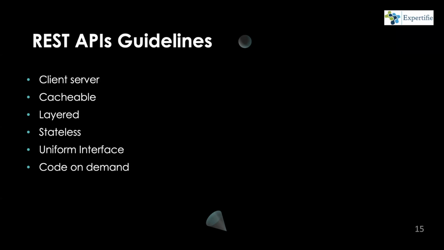Within whatever agreed contract between the server and the client, it might be possible that certain requests are cacheable. Like, let's say in case of social media, some viral post is going on.